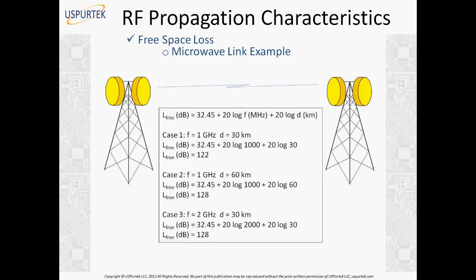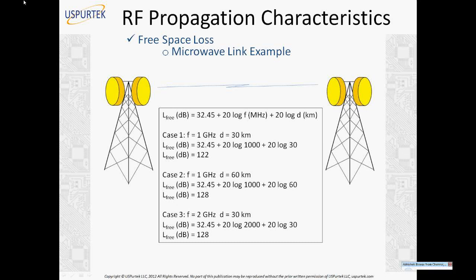Now let's go to a little example of a microwave link. This is the free space loss formula we are going to use. Case 1: we have frequency 1 gigahertz and distance 30 kilometers. We arrive at a free space loss of 122 dB. Case 2: we keep the frequency the same, but we double the distance, from 30 kilometers to 60 kilometers.